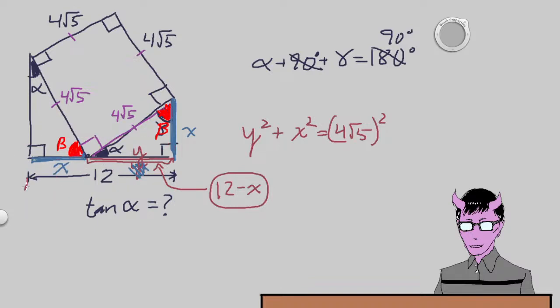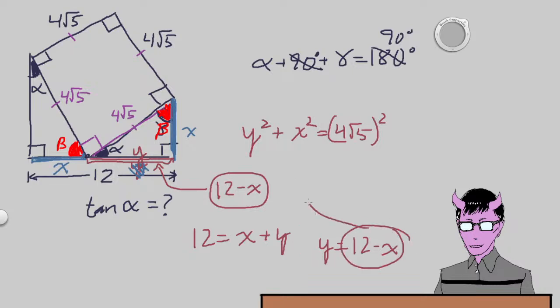The total length of this is going to be 12, but 12 is the sum of this segment plus that segment. Segment addition postulate. And then you could solve for y. So y is equal to 12 minus x. So you take that, and then you could substitute that back in. Which, you know, it's perfectly fine if you want to use that strategy.